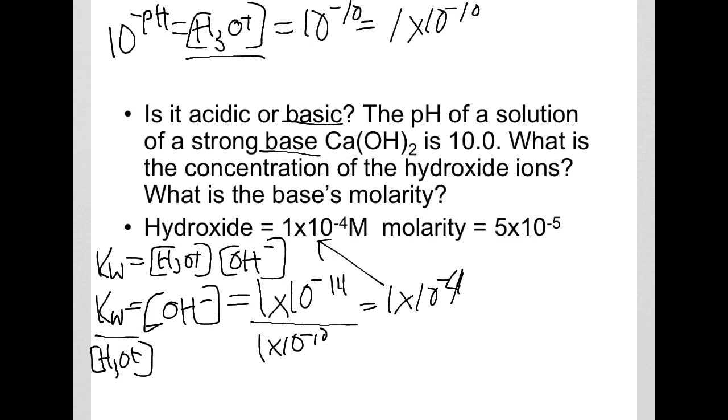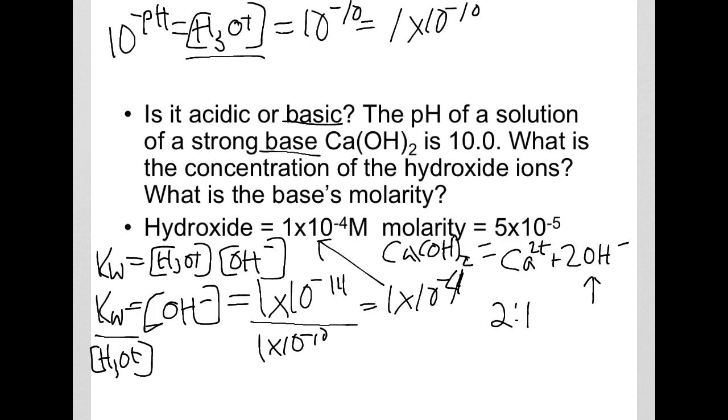Now the molarity of my solution is a little different. Back a little bit ago I showed you that calcium hydroxide breaks up into 1 calcium ion and 2 hydroxide ions. So that means this is a 2 to 1 ratio of hydroxide to calcium hydroxide.